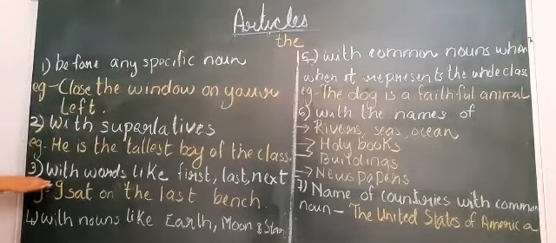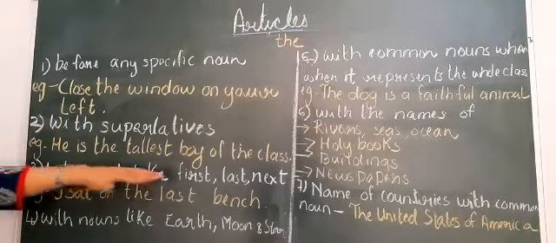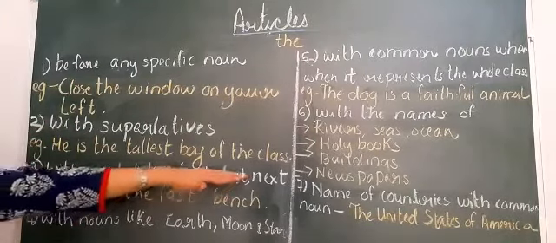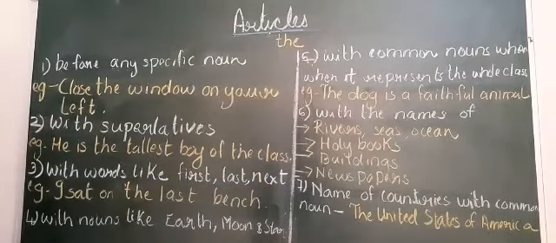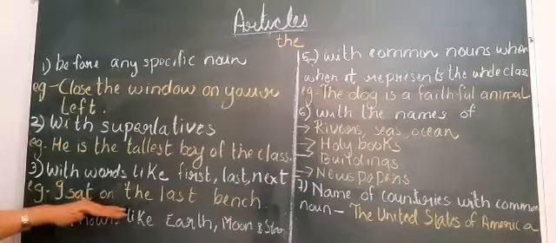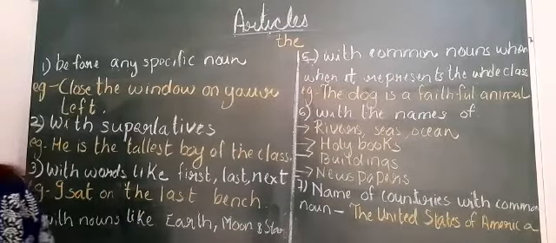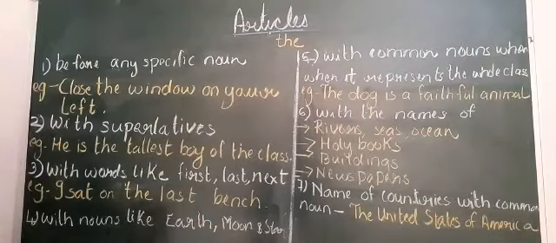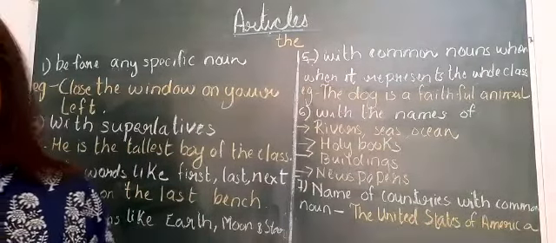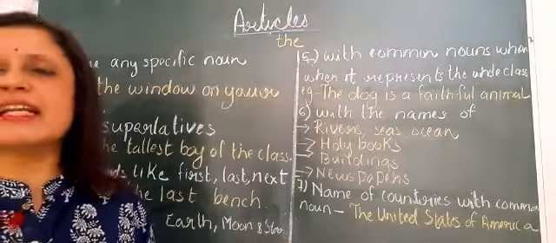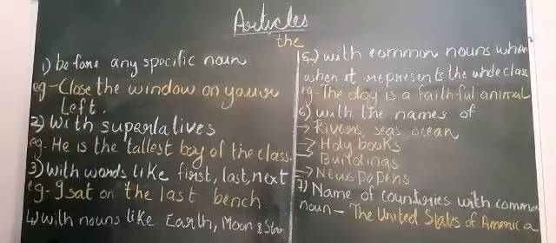Then the third rule is we use it with words like first, last, next. The example sentence is, I sat on the last bench. So here we have specified the bench, not the first bench, not the second bench, but I sat on the last bench.